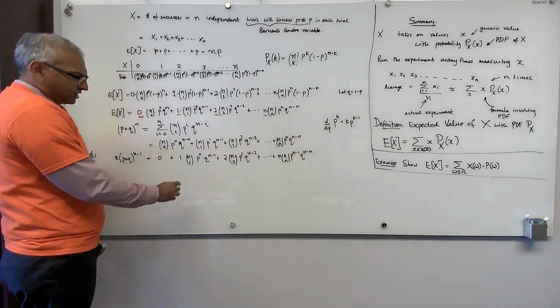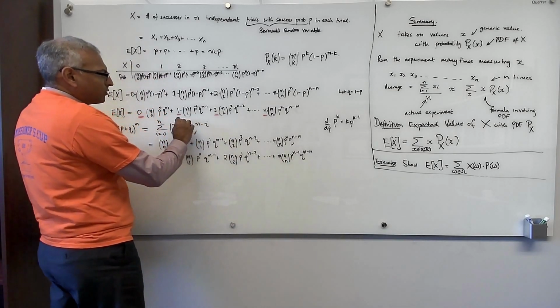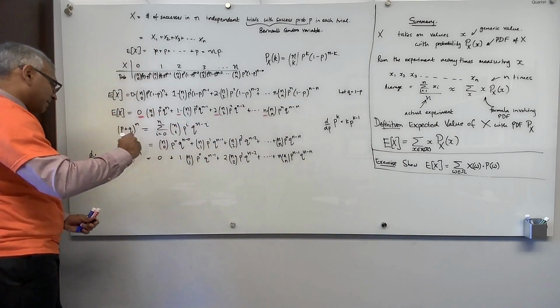But you'll observe that each term here is just missing one factor of p. So now let me multiply by p.